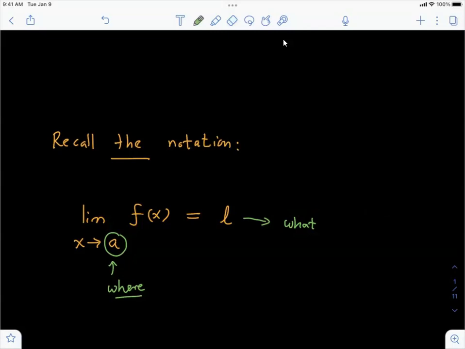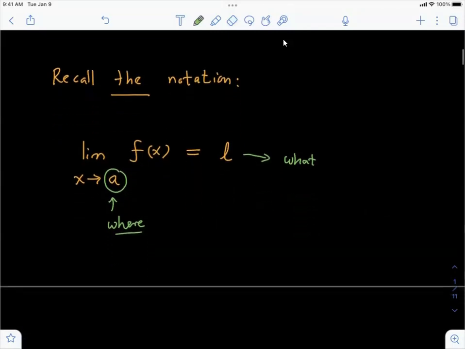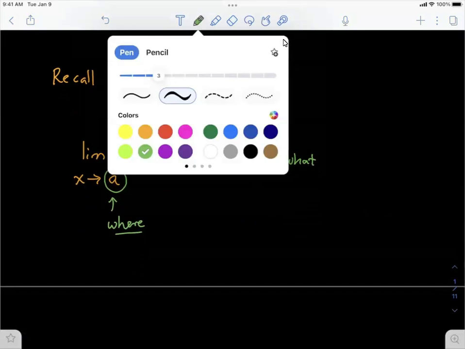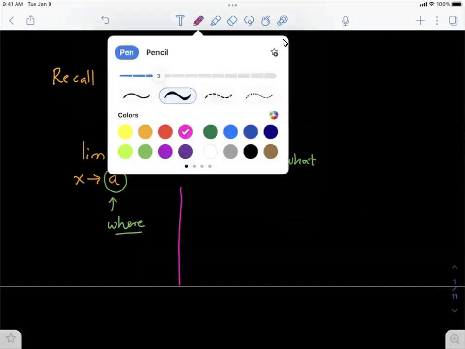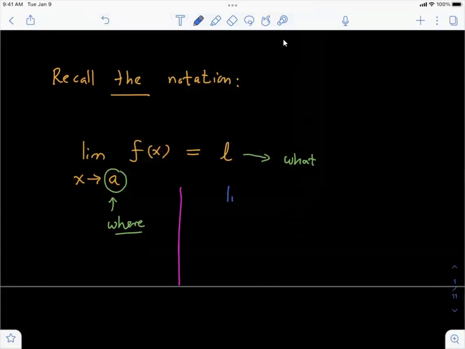Now, when it comes to the first variation, we will consider a situation where we have the symbol limit x goes to a, and here we will be precise with either one side, from the right side or the left side.